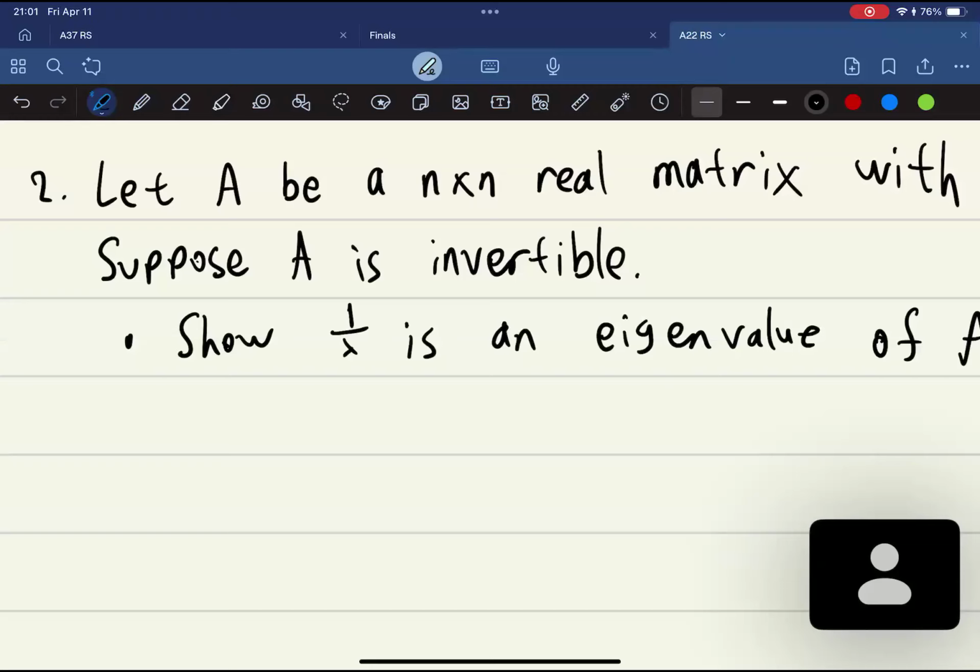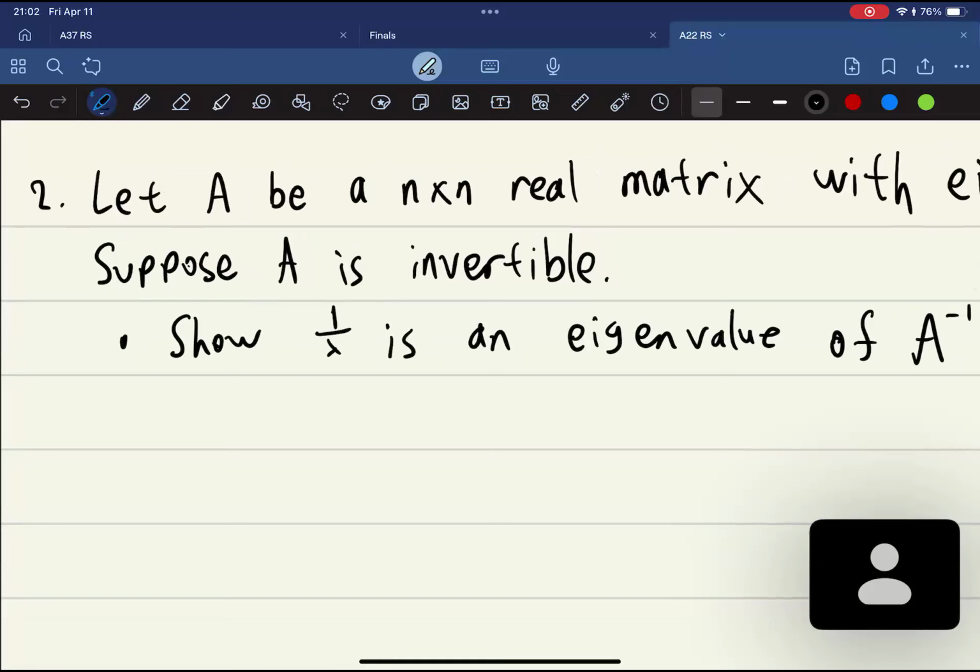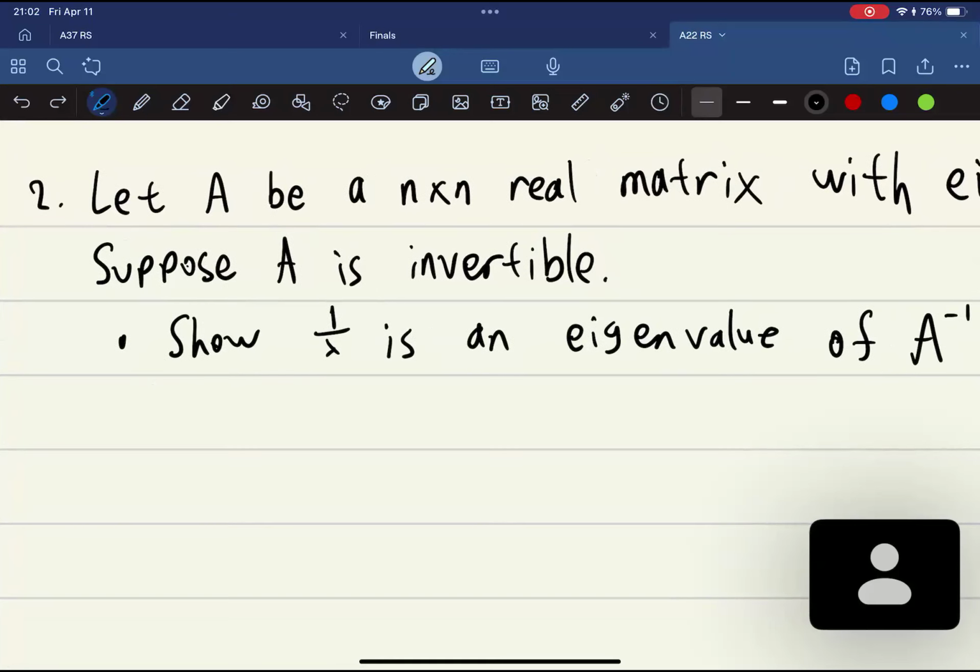Inverse algebra? What do you exactly mean by that? First, by the definition of eigenvalue, that certainly will help. So there's a non-zero vector v such that Av is lambda v.